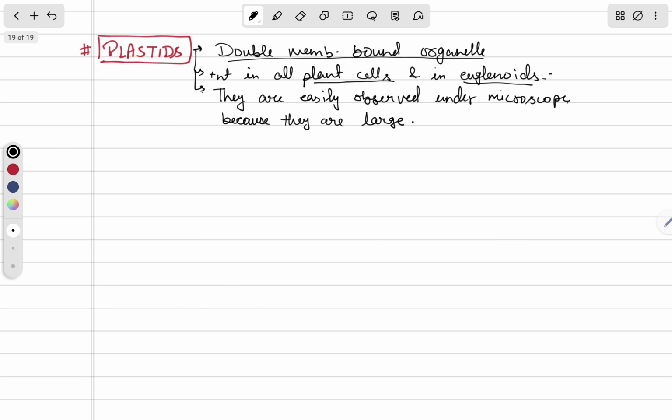Now, a very important point: plastids have some specific pigments present in them. So on the basis of pigments, plastids are of three types.